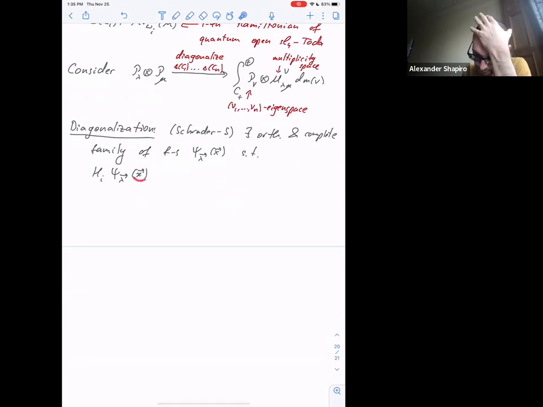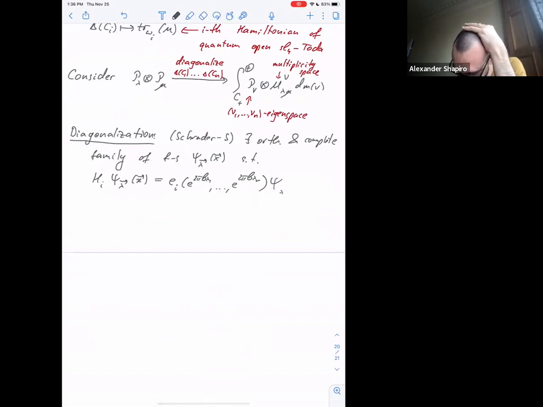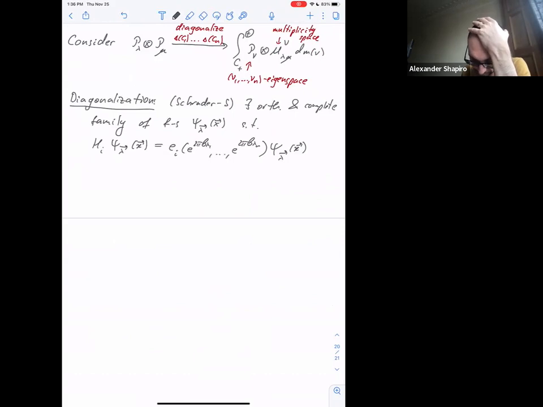So we act on these x variables, and the eigenvalue is just the ith elementary symmetric function of the expressions e to the 2 pi b lambda 1 through e to the 2 pi b lambda n, times psi lambda of x, where we impose the condition that lambda 1 plus through lambda n is equal to 0.